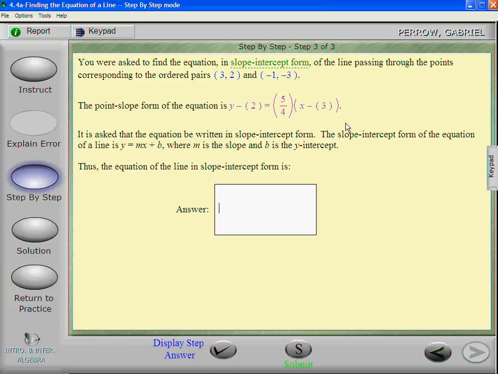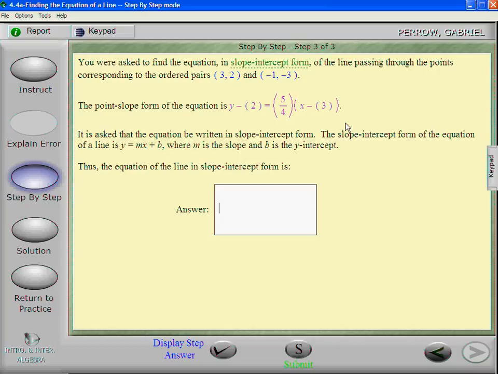And the last step is going to be to add 2 to both sides. So on paper in front of myself here, I'm adding 2 to both sides. I get y by itself. And when I add 2 to the right side, I'm going to be combining it with -15 over 4. With a common denominator of 4, 2 over 1 becomes 8 over 4, combined with -15 over 4 is -7 over 4.